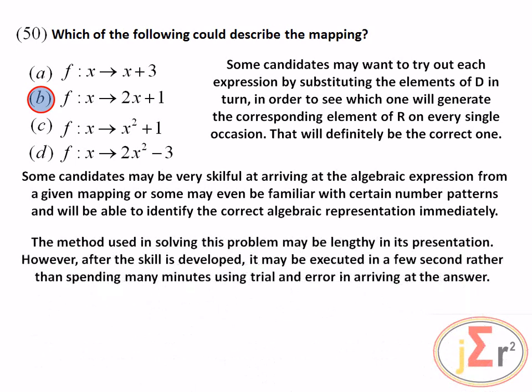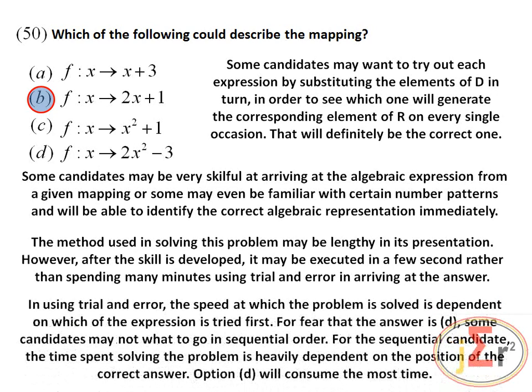The method used in solving this problem may be lengthy in its presentation. However, after the skill is developed, it may be executed in a few seconds rather than spending many minutes using trial and error in arriving at the answer. In using trial and error, the speed at which a problem is solved is dependent on which of the expressions is tried first.